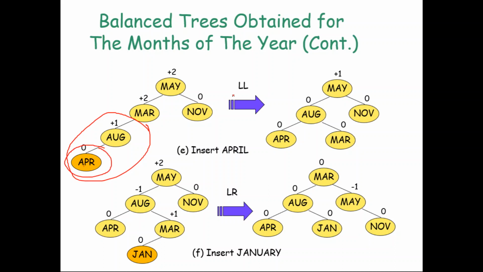That is called LL. If it is on the left side, then you have to rotate March to the right side.